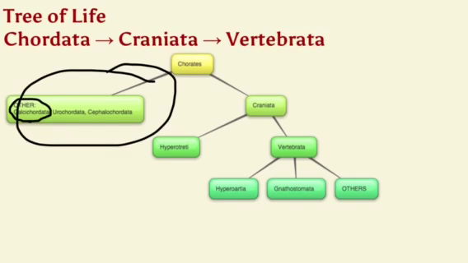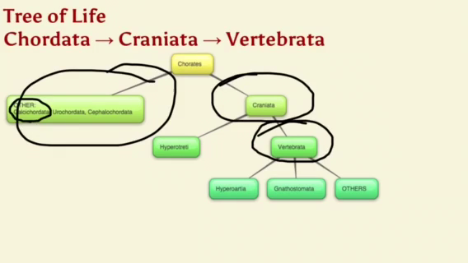And then over here on the right, we have Craniata, having to do with a cranium or a skull. And within that, we will be talking about the vertebrata. There's also this class over here, or actually not a class, I think it's a superclass, but we're going to be focused on the vertebrata.